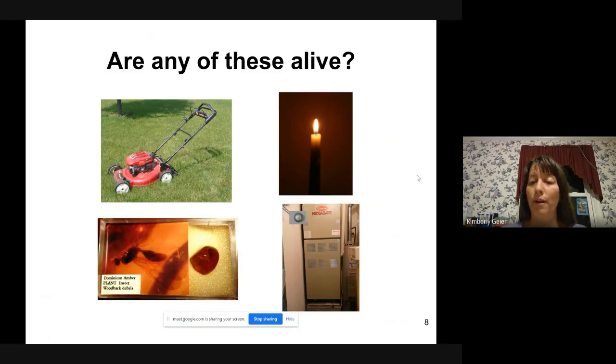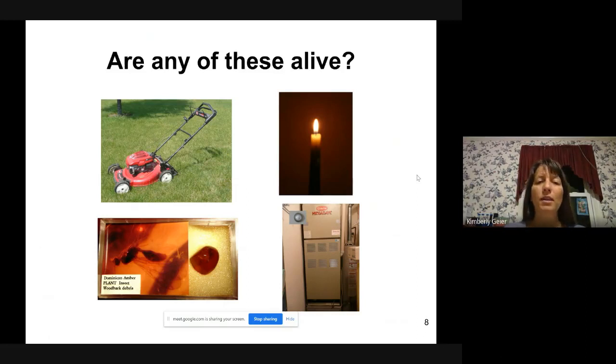The lawnmower and the candle and the HVAC system all use energy. Maybe you wrote that it breathes, and in some ways, the lawnmower and the candle and the HVAC system all breathe. Maybe you wrote that it has cells, and that bug has cells, but I think we would agree that it's dead. It used to be alive, but it's now dead.